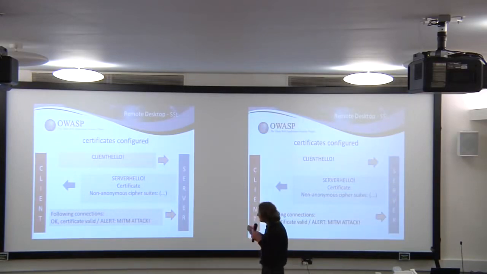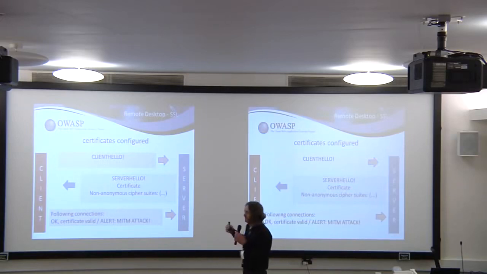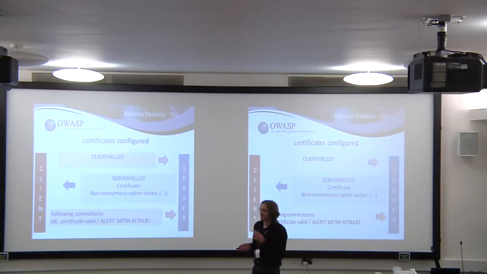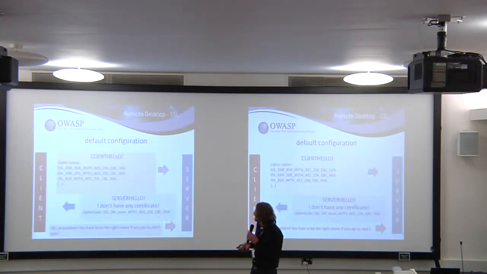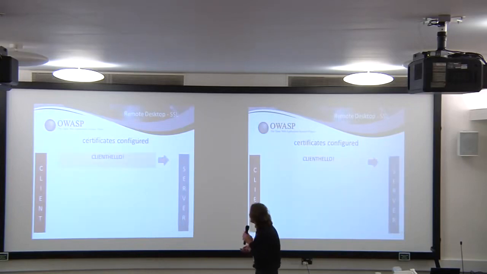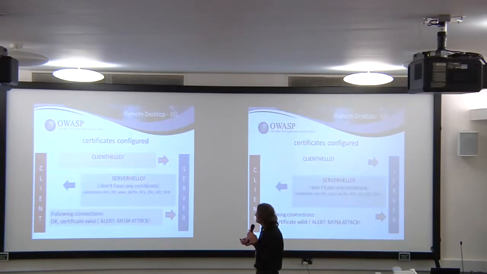And on the following connections, it checks if the certificate stored during the first connection is the same. So you can't do this kind of man-in-the-middle attack. But how about, do you remember this? What if we changed the server answer so that it answers something like that?